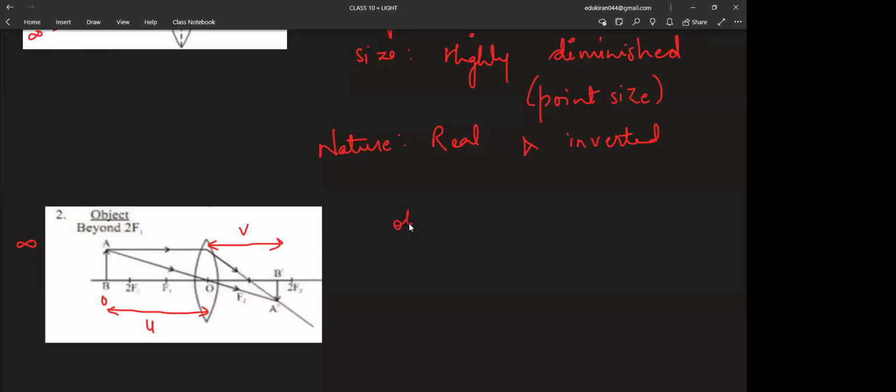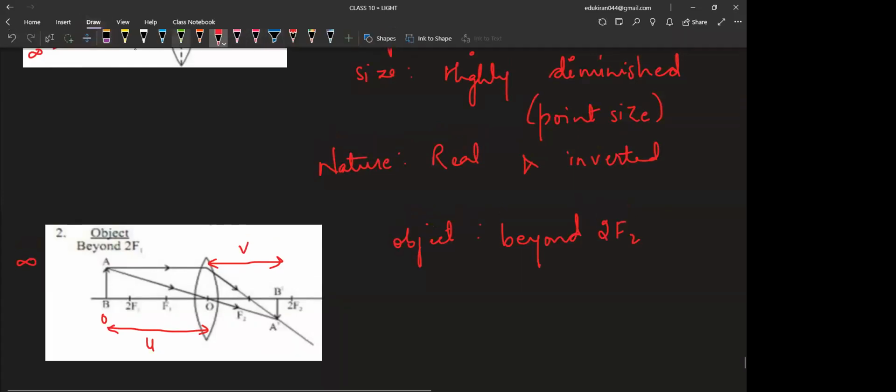Now, where have we kept our object? We have kept it beyond 2F2, right? But where are we getting our final image? This is not exactly beyond 2F2. Actually, this is not clear, I'll just mark it.